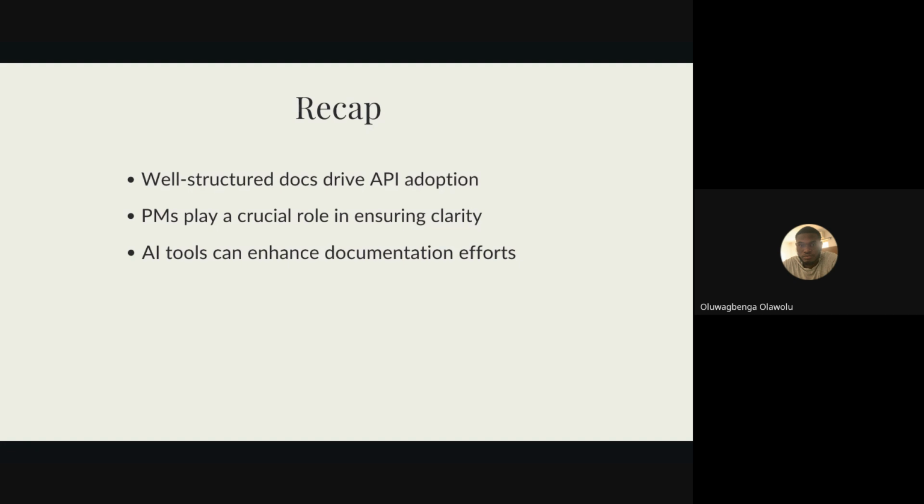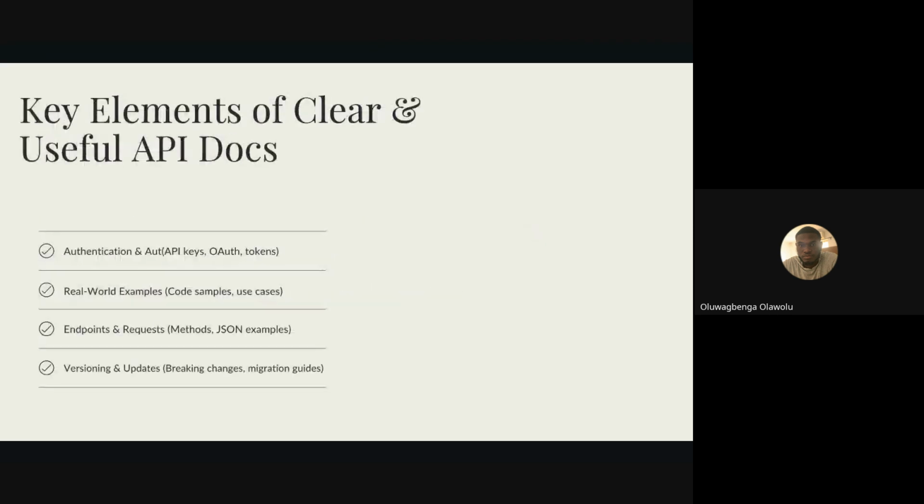Okay, so the first thing is simplicity, clarity. What do I mean by that? What I mean is the building blocks should be clear. For example, going back to my slide, I mentioned authentication, then having real world examples, and then clearly stating the endpoints and URLs that can be called.